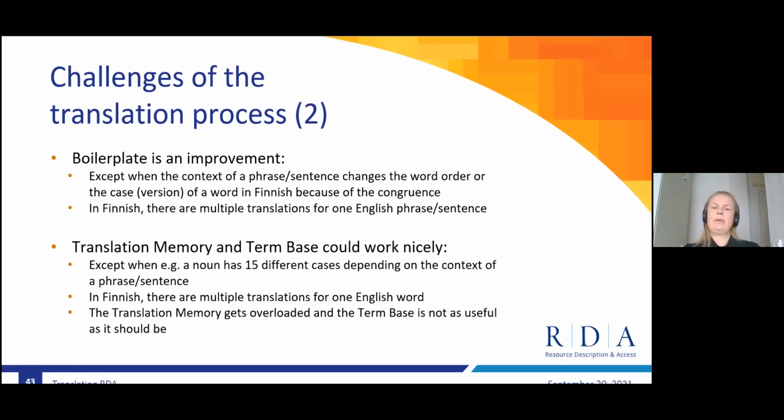Translation memory and term base could work nicely, but of course in Finnish we have, for example, a noun that has 15 different cases, 15 different versions, depending on the context of a phrase or sentence. And so there are multiple translations for one English word. The translation memory gets overloaded and the term base is not as useful as it should be.